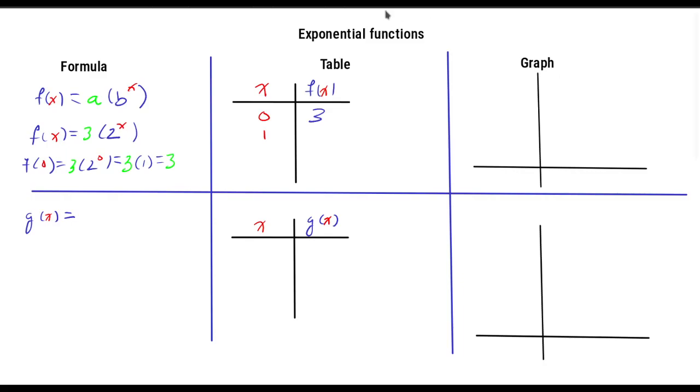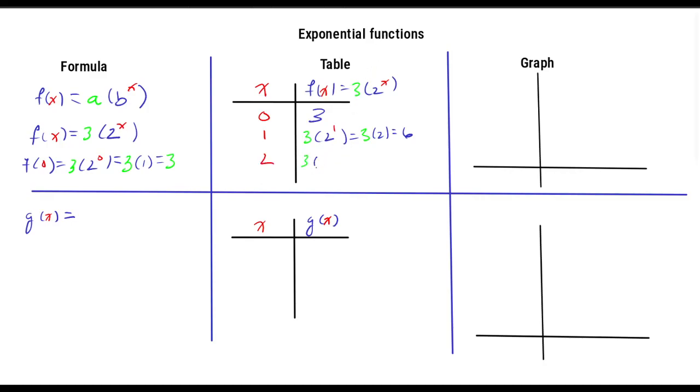Then we have 3 times 2 to the power 1, because remember, our formula is 3 times 2 to the x. So the x becomes a 1, and then we simplify, this becomes 3 times 2, which is the same thing as 6. All right, and then let's do another row. x equals 2.